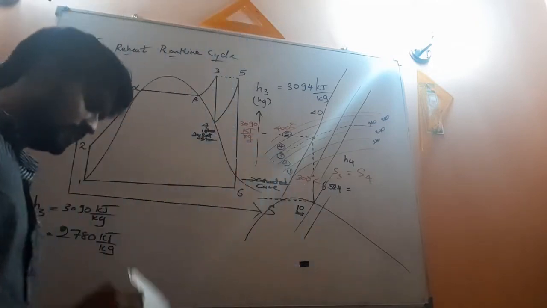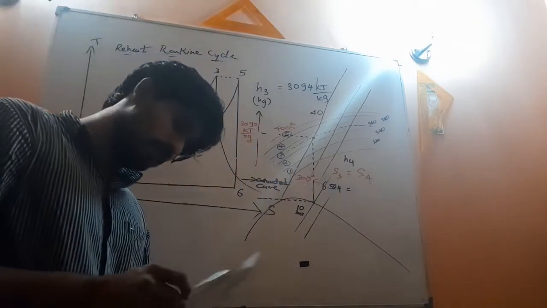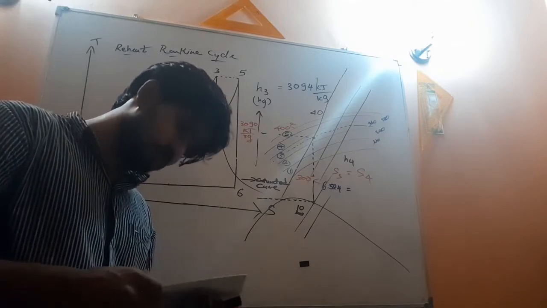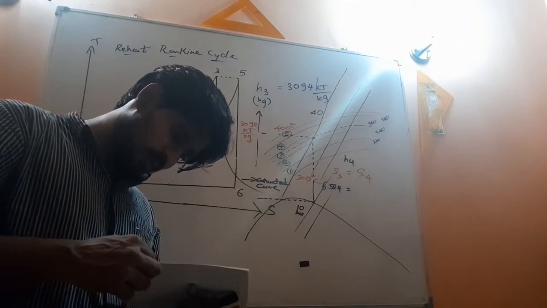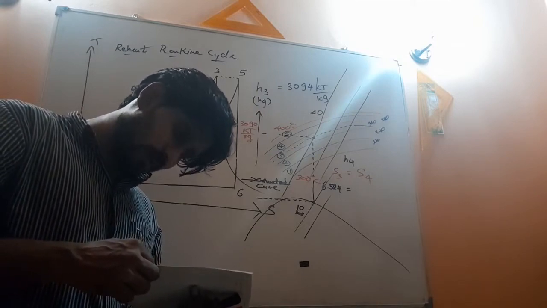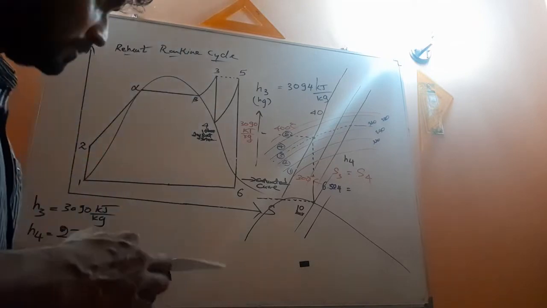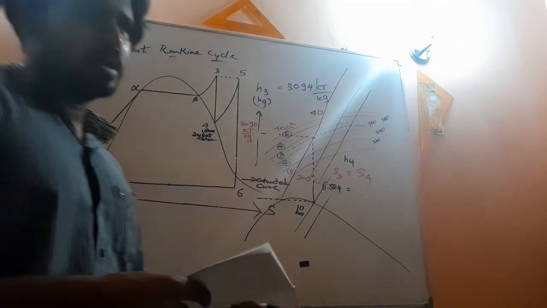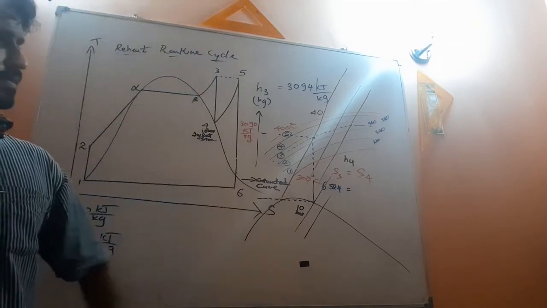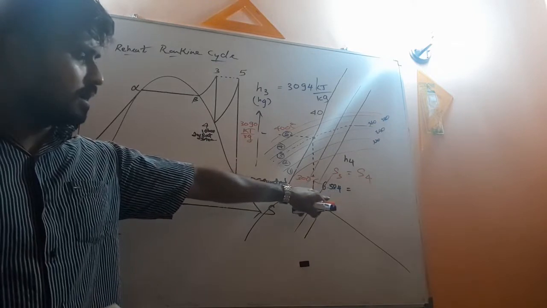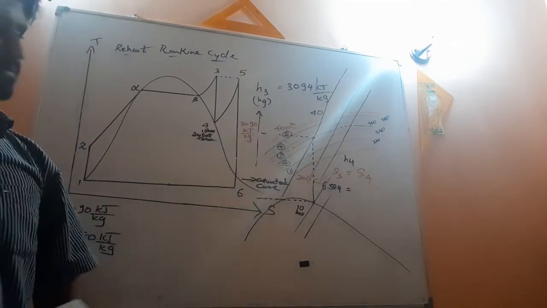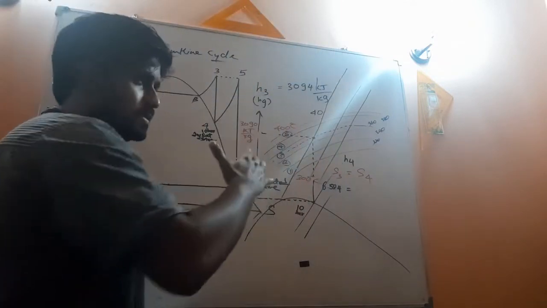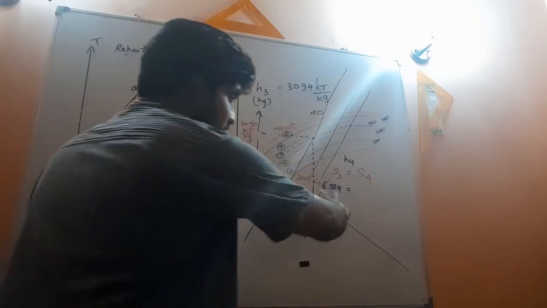Entropy at S3 is 6.584, because from the table, the entropy at 350 degrees Celsius, 40 bar would be 6.584. So what is the nearest pressure of dry saturated steam having this entropy value?